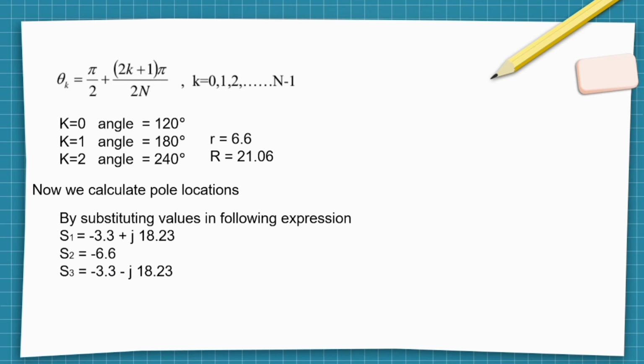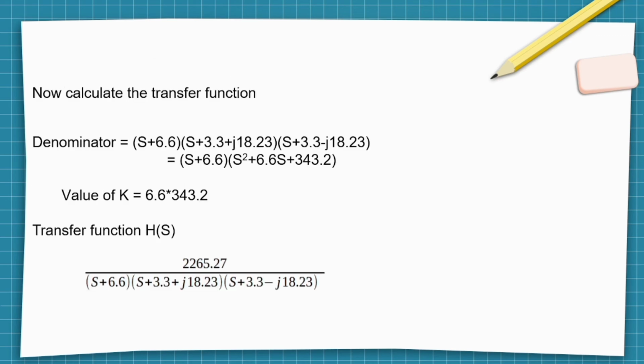Now we calculate the values of theta k by substituting k is equal to 0, 1 and 2. The minor axis of the ellipse is 6.6 and the major axis is equal to 21.06. The expressions of the poles are as given below. Now we multiply the poles together to form the denominator, and the value of k is directly evaluated by multiplying the constant value of the poles as n is 3.